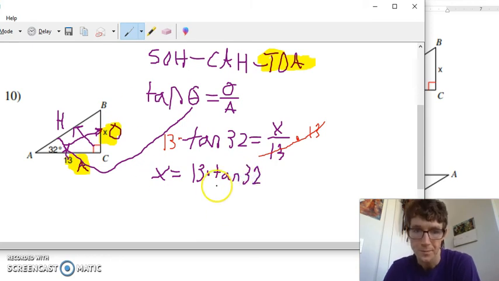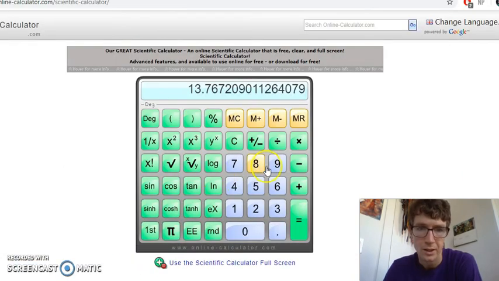All right, cool. Let's just figure out what the tangent of 32 is. So 32, then hit your tangent button, and that's 0.62. Let's say it's 0.625. Let's round that 4 up to a 5.